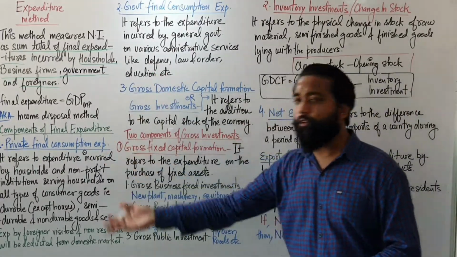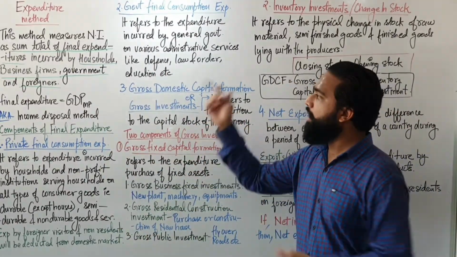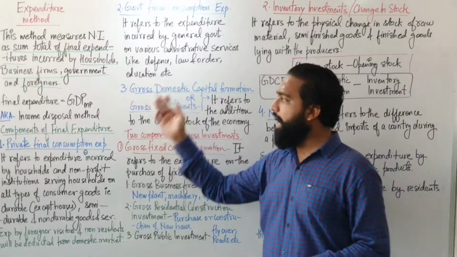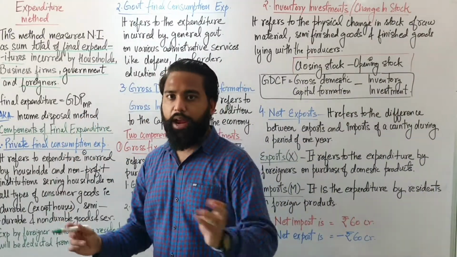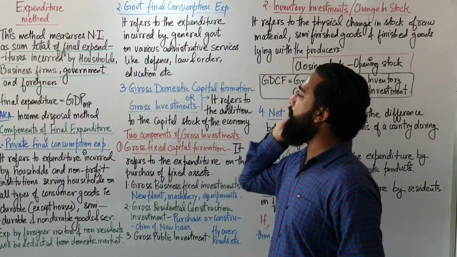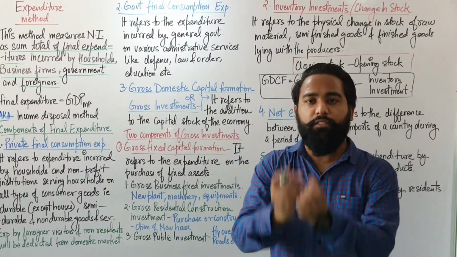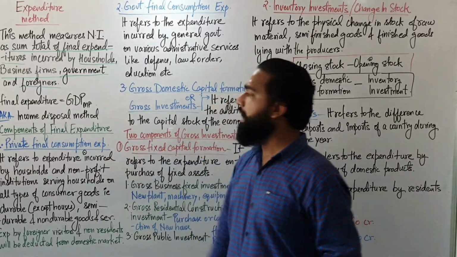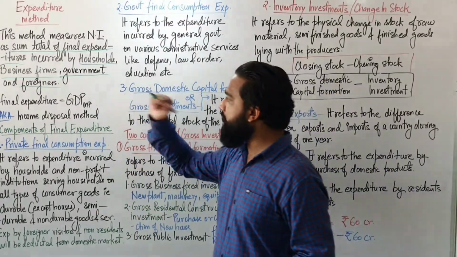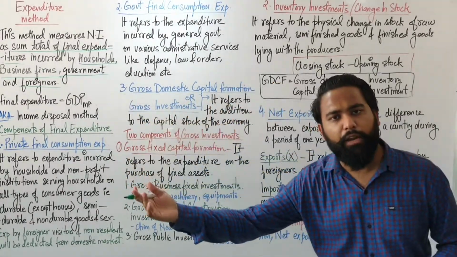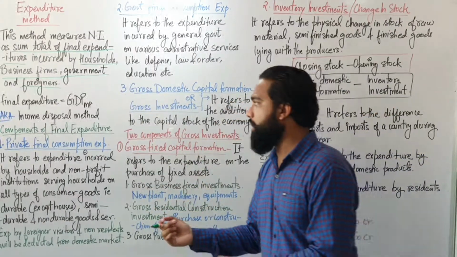So all four sectors are included here: households, business firms, government, and foreigners. With the help of the expenditure method, with the total of all the final expenditure, we calculate GDP MP. And with this GDP MP, we can further calculate national income.